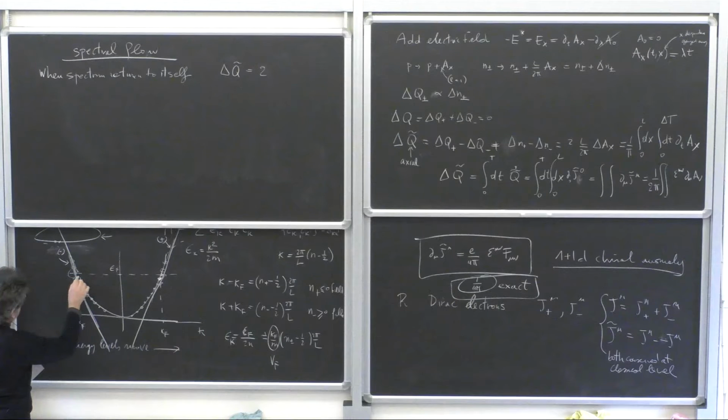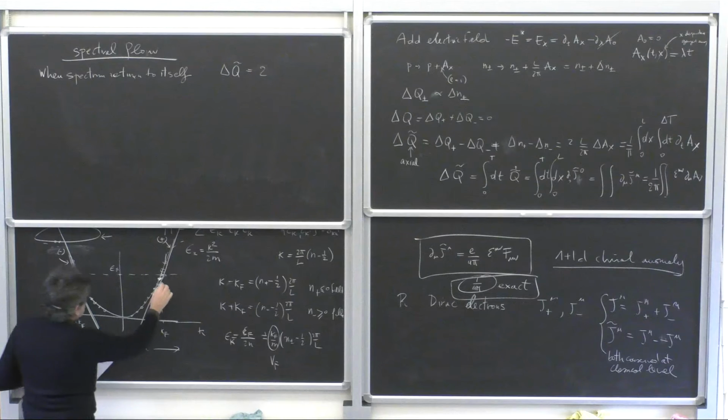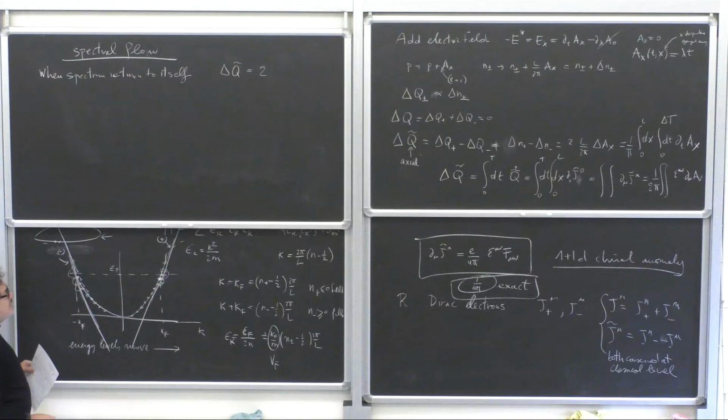So everyone moves to the next one. Exactly. So in the end, the spectrum is the same. But there was an effect that the electrons have moved. So the spectrum is the same, but the occupation has changed.